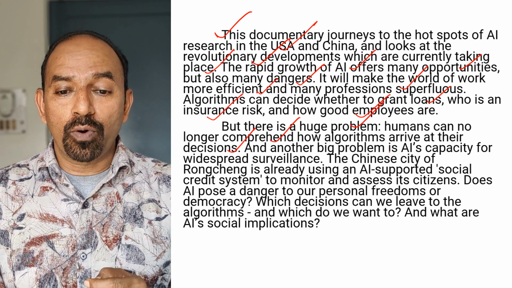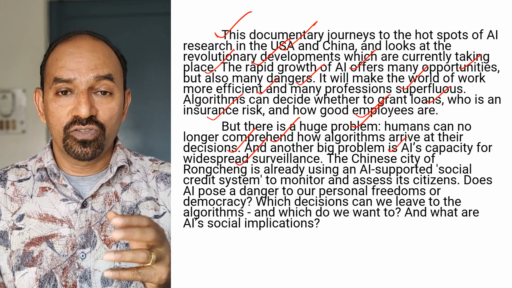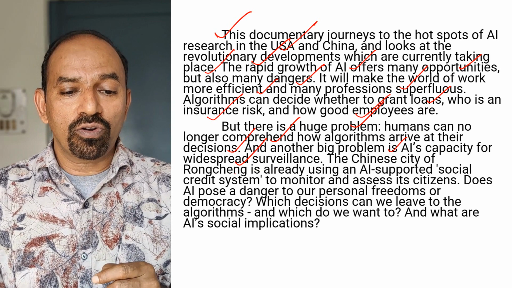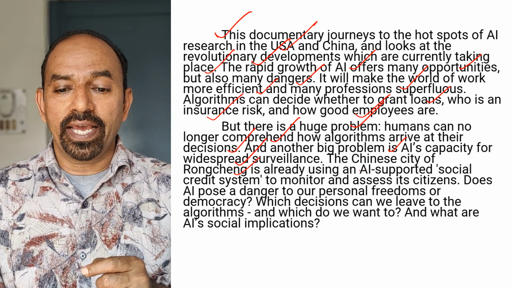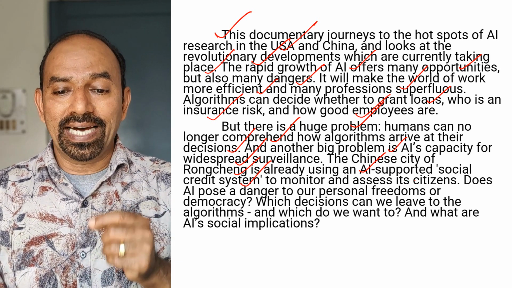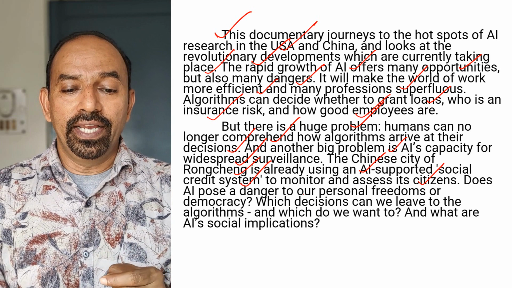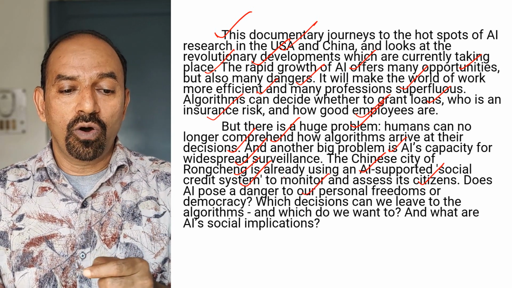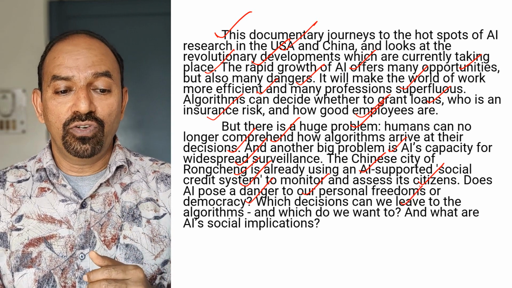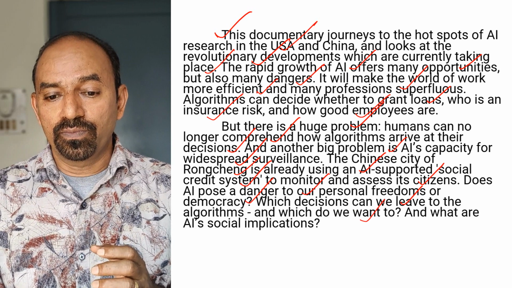And another big problem is AI's capacity for widespread surveillance. The Chinese city of Rongcheng is already using an AI-supported social credit system to monitor and assess its citizens. Does AI pose a danger to our personal freedoms or democracy? Which decisions can we leave to the algorithms and which do we want to keep?